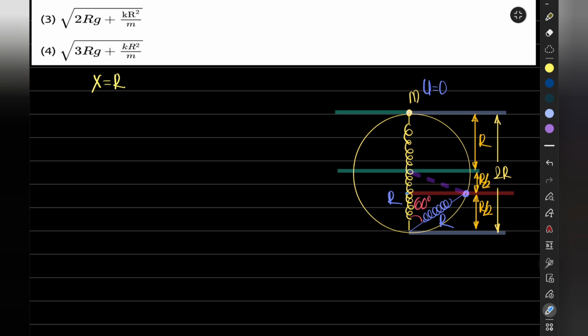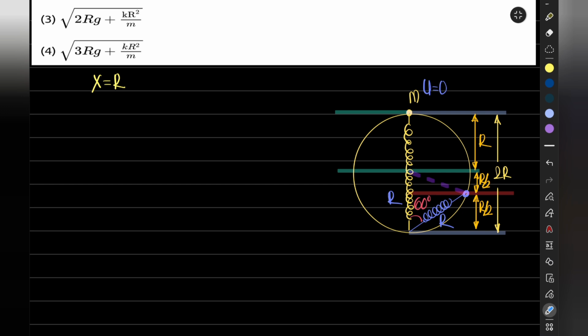And last thing, this will be the point where the bead will finally come and your spring will come to its natural length r, and this point I will assume as my reference point. Above it I will measure the height for the gravitational potential energy. Now this is basically the complete question, or the easiest solution of the question, because this question is not that tough.